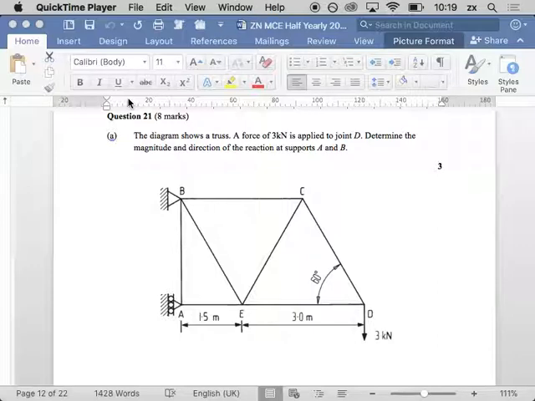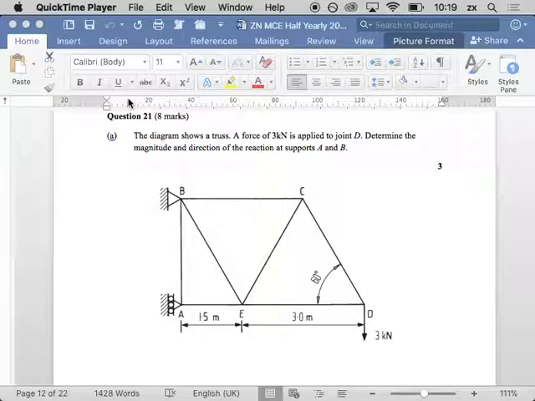Now we've got to find RB. To find RB, we're going to use the sum of the forces vertically and horizontally. Sum of the forces vertically equals 0.